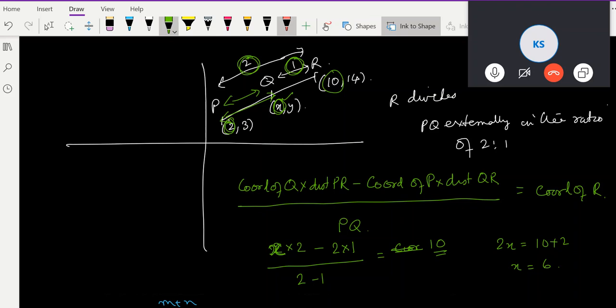Now tell me, how will you find the y coordinate of Q? So it will be y times 2 minus 3 times 1 over 2 minus 1.